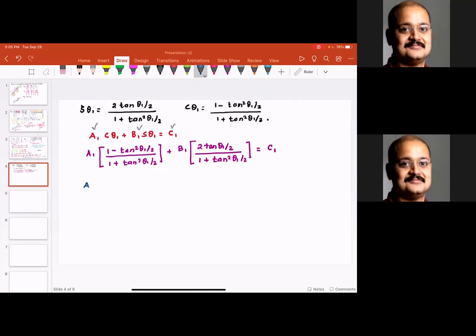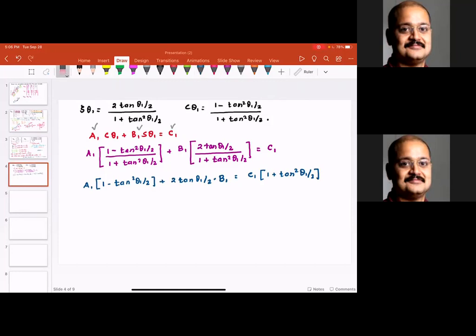So now I have an equation: a1 times (1 minus tan square theta 1 by 2) plus 2 tan theta 1 by 2 times b1 is equal to c1 times (1 plus tan square theta 1 by 2). Are you with me so far? So now what has happened?